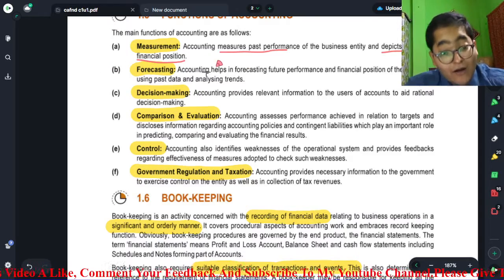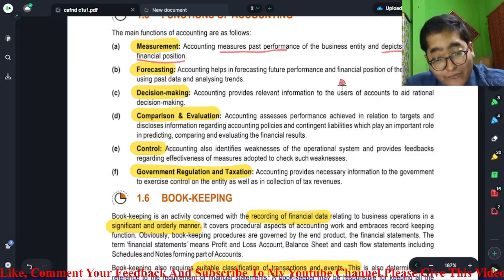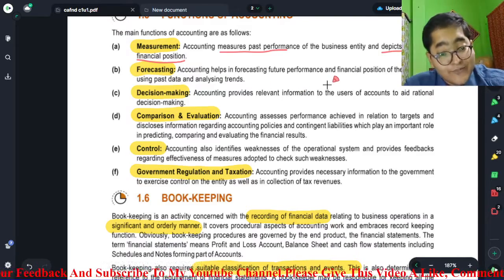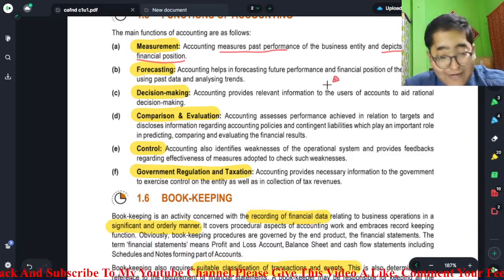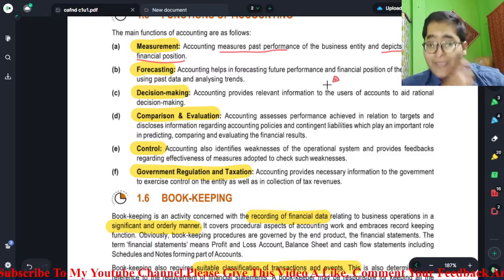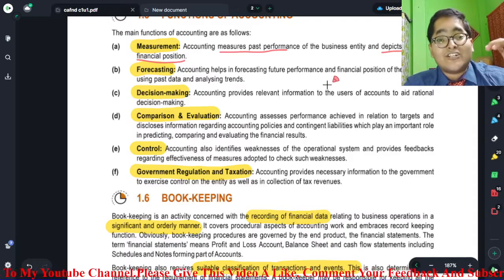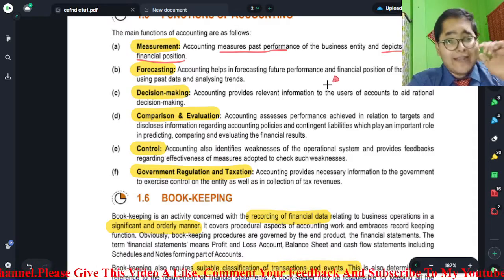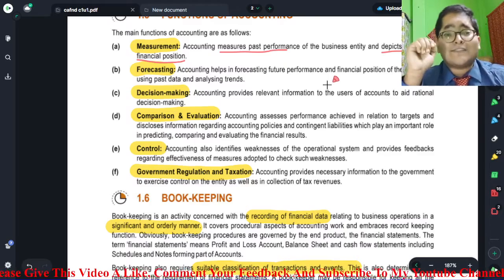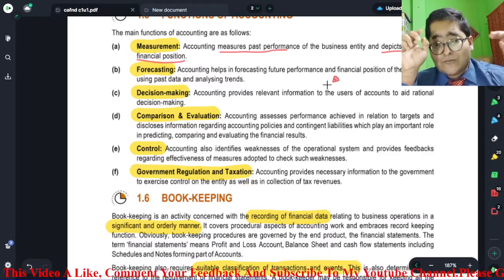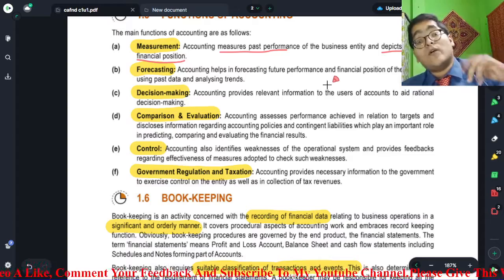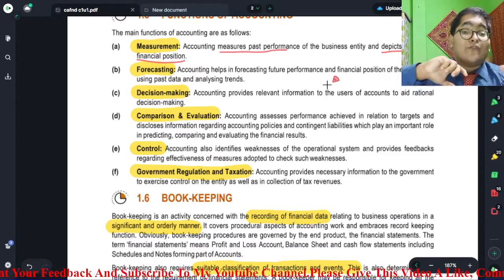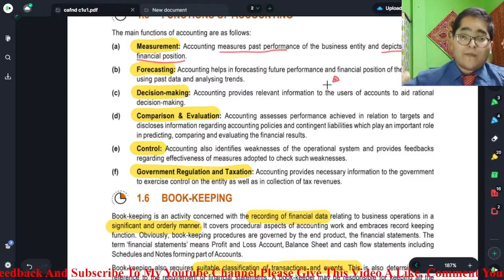Forecasting. Accounting helps in forecasting future performance and financial position of the enterprise using past data and analyzing trends. When a trend analyst who invests in the stock market analyzes charts, he is forecasting the moves of the stock market.